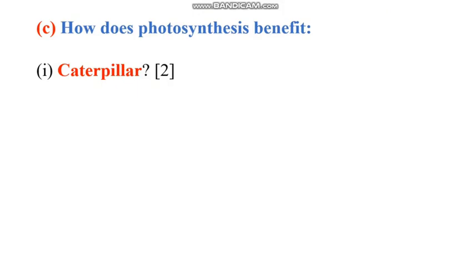Carnivorous animals benefit indirectly by feeding on the herbivores that fed on plants. A caterpillar is indirectly benefited in different ways, such as food source and habitat.